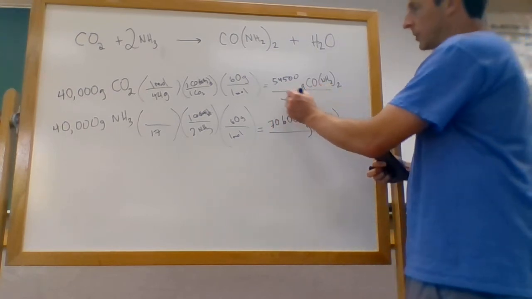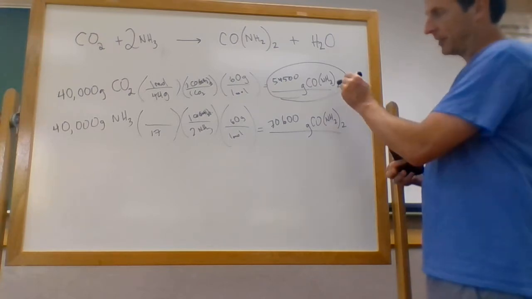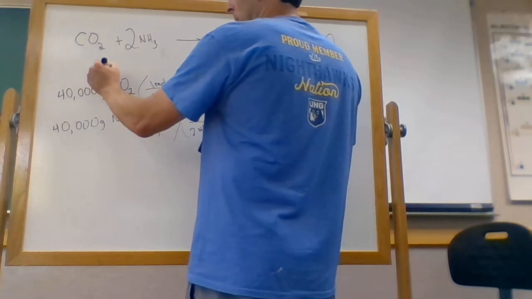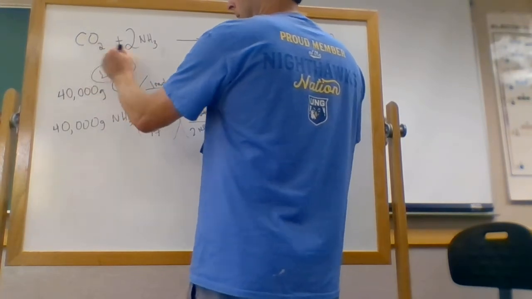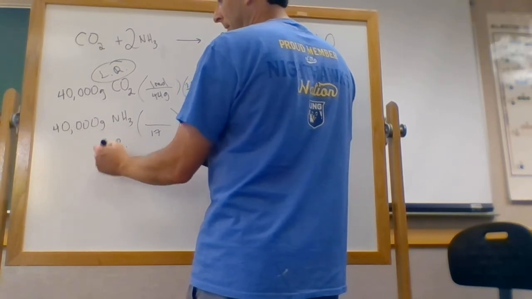So clearly of those two, the theoretical yield of this reaction is 54,500, which tells me that CO2 is the limiting reagent and the NH3 is what we call the excess reagent.